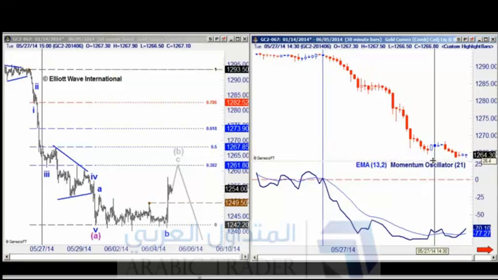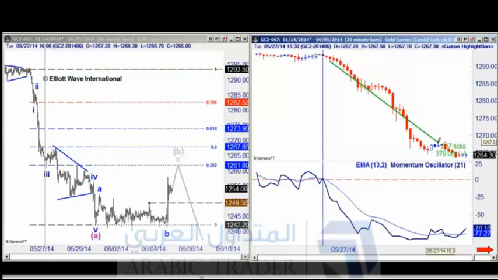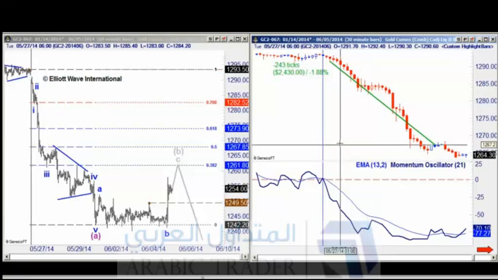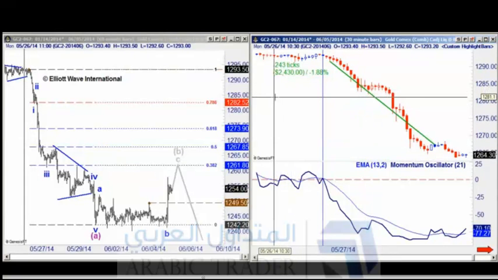But if it makes it into the second period and it sustains a positive message for momentum, then I would take that as a good time to get out. Now, if we'd gotten in on the second candle and out on the second candle, that would have been 243 ticks, and in one gold futures contract, that's $2,430. That's a pretty good day of trading.